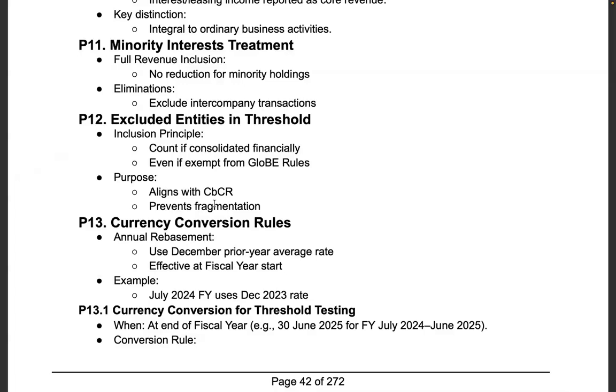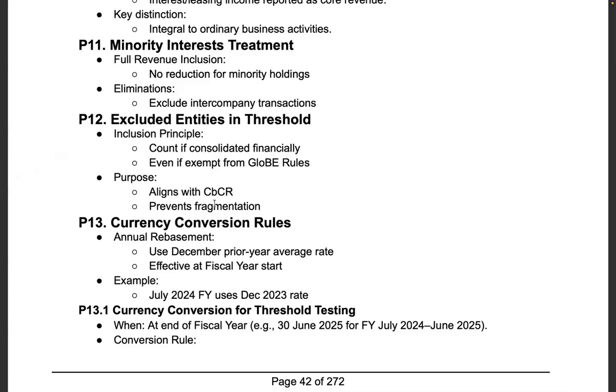The whole idea is that it goes to the benefit of the common people, the public, if the GloBE rules are applied properly on a just and fair basis, so that a minimum tax of 15% may be levied.